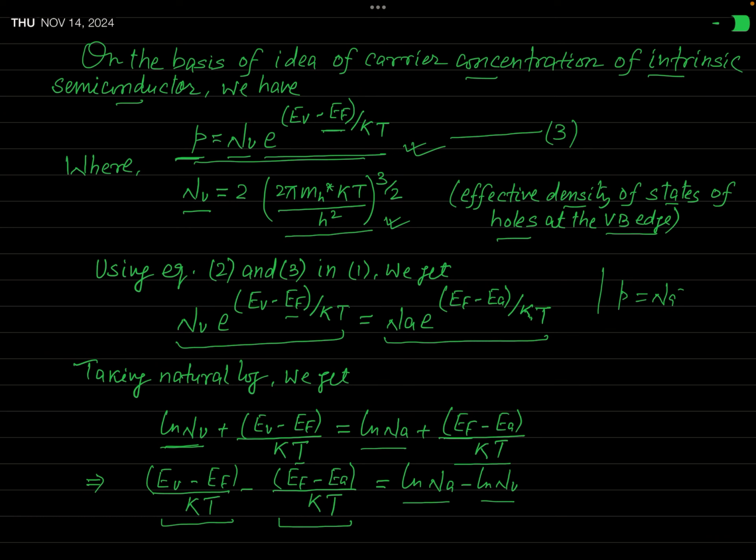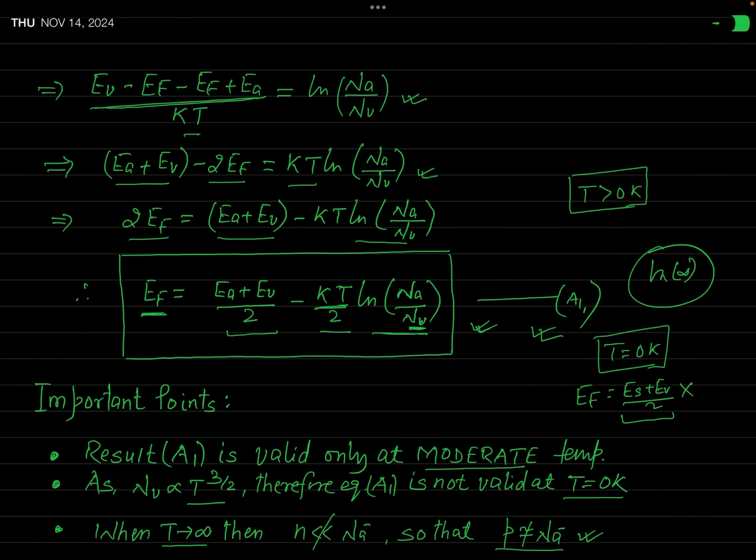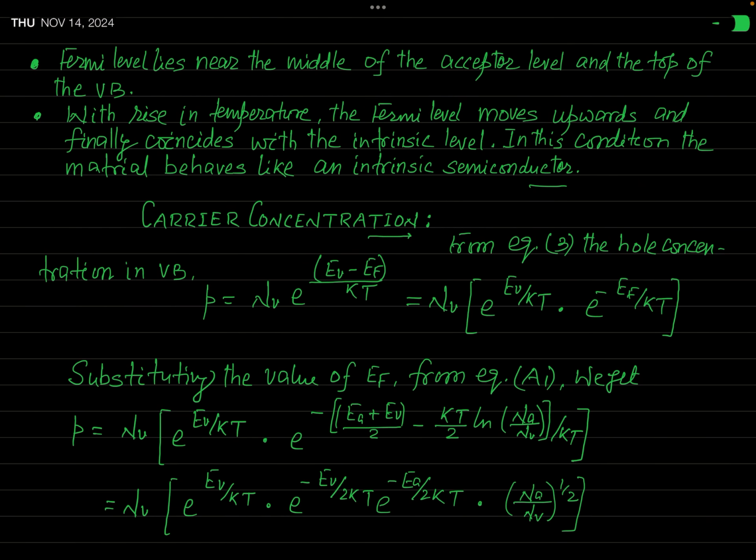So if your aim is to find this P, you will simply put the value of EF which we have just obtained in this equation 3, and then you will easily get the value of P. Okay, so let us see. This is the expression for EF, and we will substitute this value of EF in this expression. You can see P is equal to NV times exponential to the power EV minus EF over KT. And now we will substitute the value of EF here.